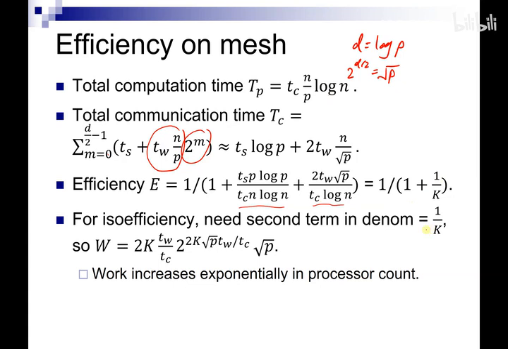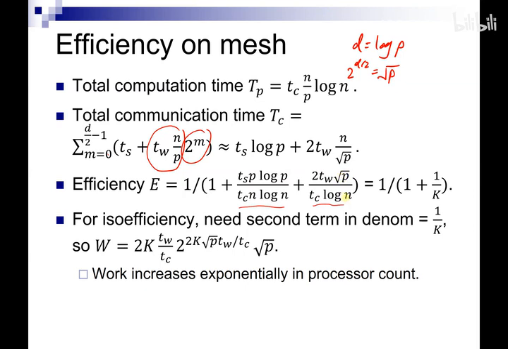Now if you want to maintain the same efficiency as the processor count goes up, then you need both of these terms to stay constant, and this is not such a problem. As p goes up, you can just take n larger, and you can maintain this to be a constant. But this is a problem, because as p goes up, this root p thing is increasing pretty quickly.